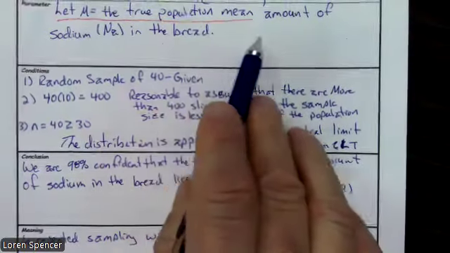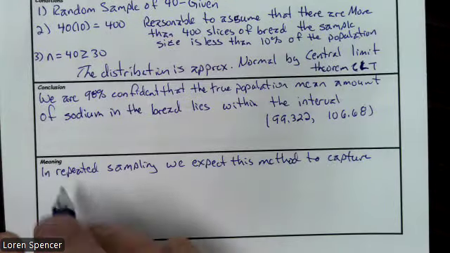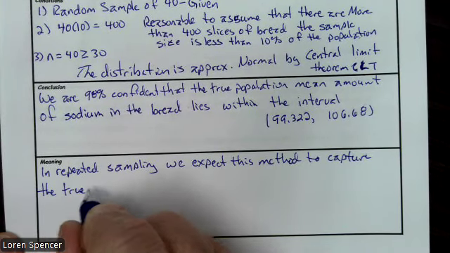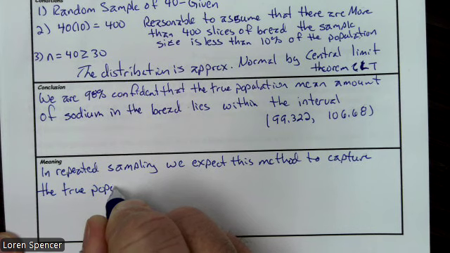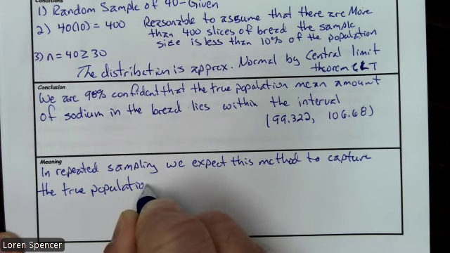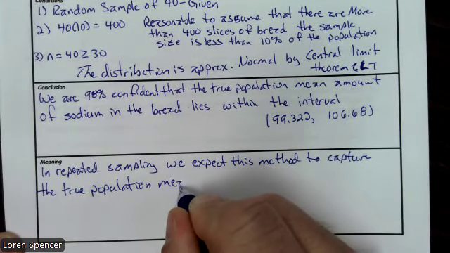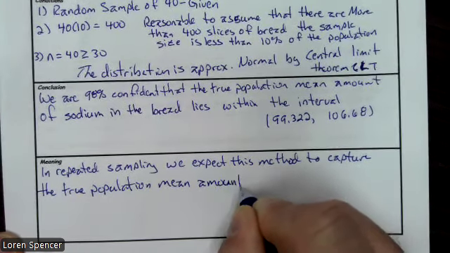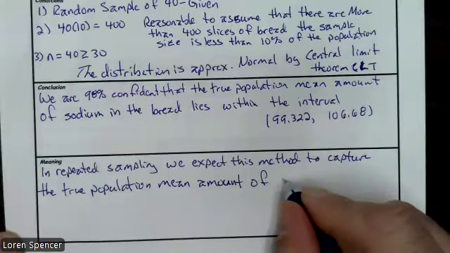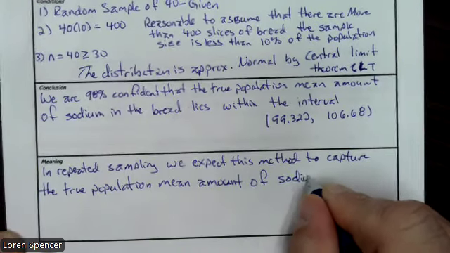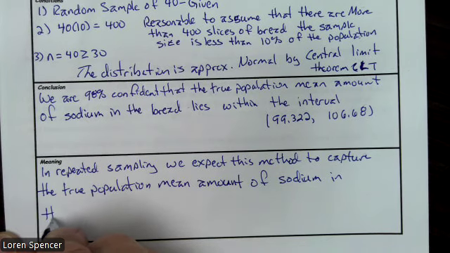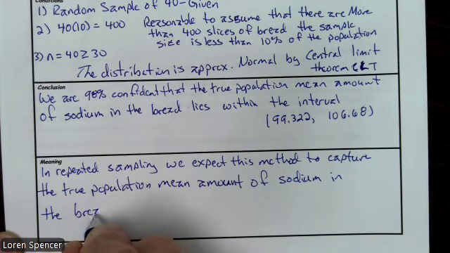The true population mean amount of sodium in the bread how often? 98% of the time.